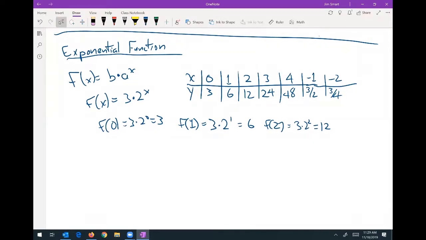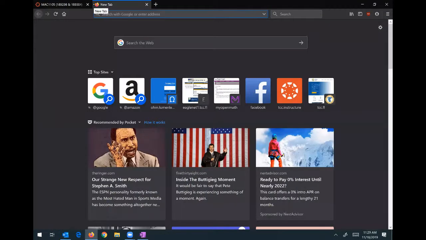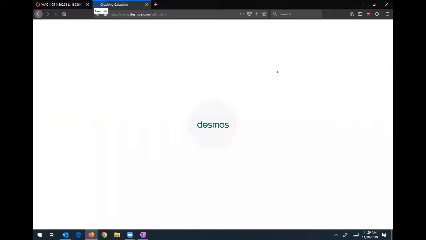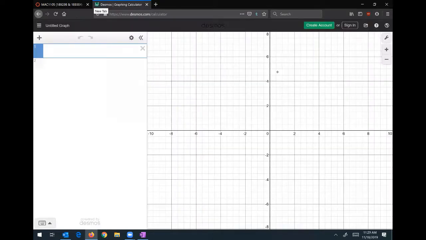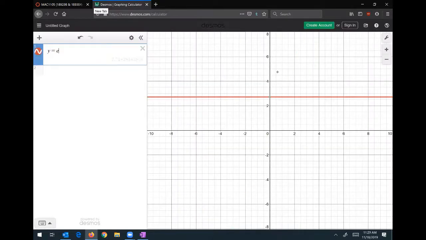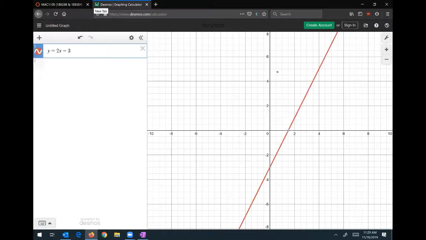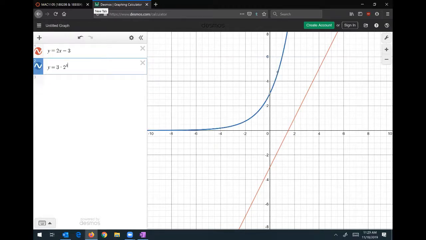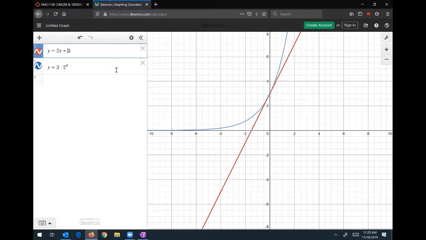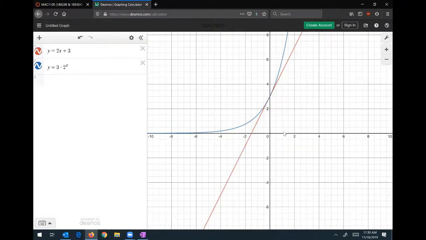All right, let's take a quick look at what this graph looks like in Desmos. In fact, I'll do both of them. I'll do y equals 2x minus 3, and then we're going to do y equals 3 times 2 to the x. That's what 3 times 2 to the x looks like. In fact, maybe I'll do the first one as 2x plus 3, so they have the same y-intercept.